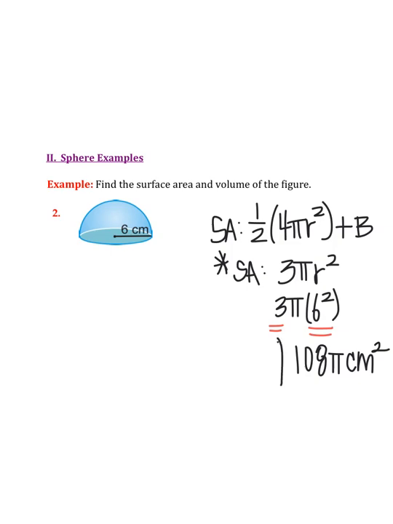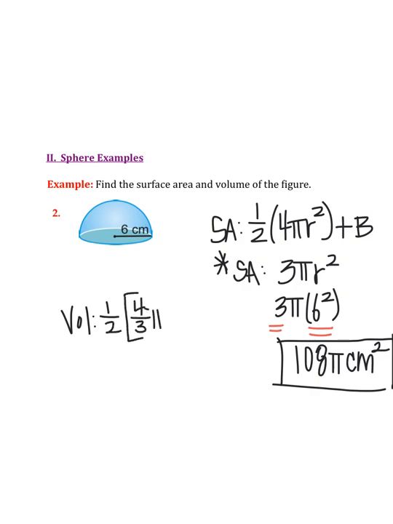All right, now volume, because of that fraction, volume is a little bit trickier. My volume for this is going to be half of that volume formula. So half of this total volume formula. I'm going to substitute 6 in for that.